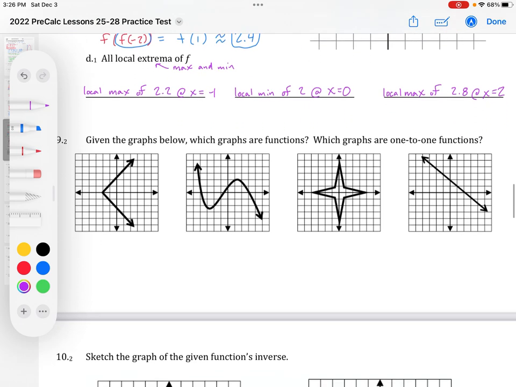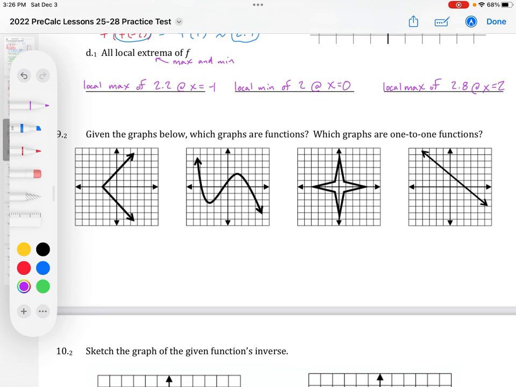All right, and in number 9, we have these graphs given, and we're going to answer which ones are functions and then which ones are one-to-one functions. So for that first part of the question, which ones are functions, we have to see if it passes the vertical line test.